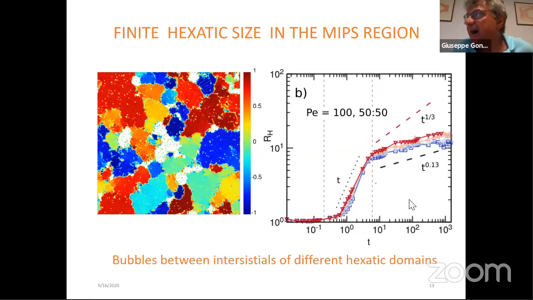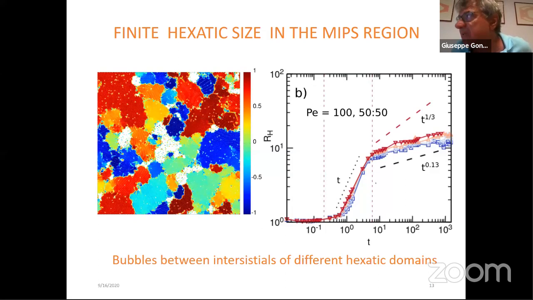For example, we found that a typical configuration in the MIPS is not homogeneous, while you have a big domain, for example, here, all the colored region at the same density, but they have different orientational order.